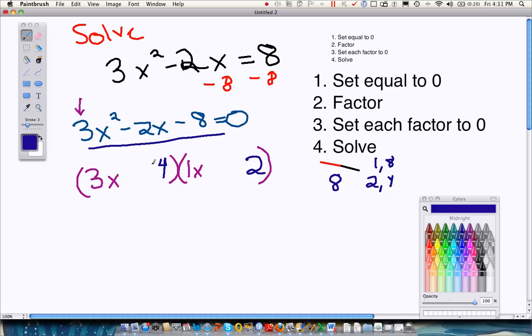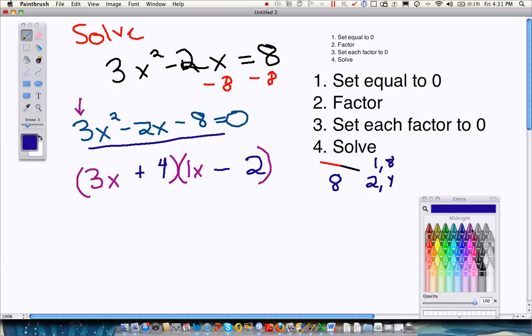Now I've got to decide on some signs. I want a negative 2x, which means I want the negative to go with the bigger factor. So I'm going to put it with the 2. You say, okay, Leah, you're crazy. But what I mean is the bigger factor when you do your multiplication. So 3 times 2 is going to be negative 6, and 4 times 1 is going to be 4.